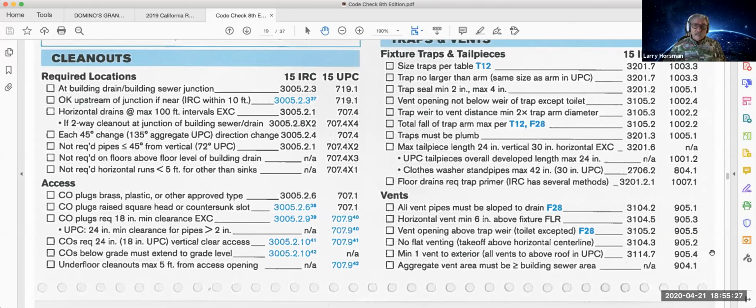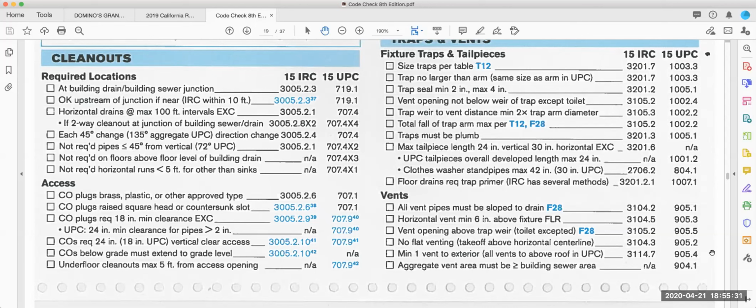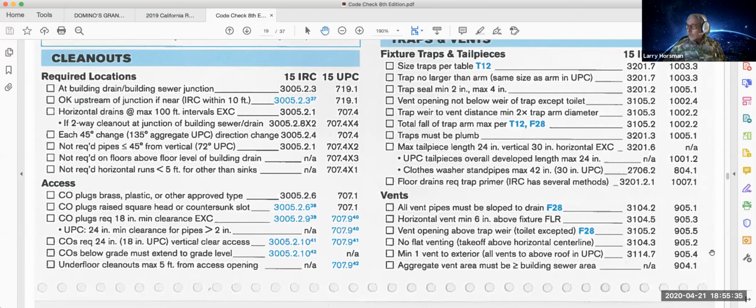And then methane, which technically doesn't have an odor to it, but it can be explosive in the right fuel-air mixture, and it's also toxic. So that's not a good thing. The traps are supposed to be set level and plumb.